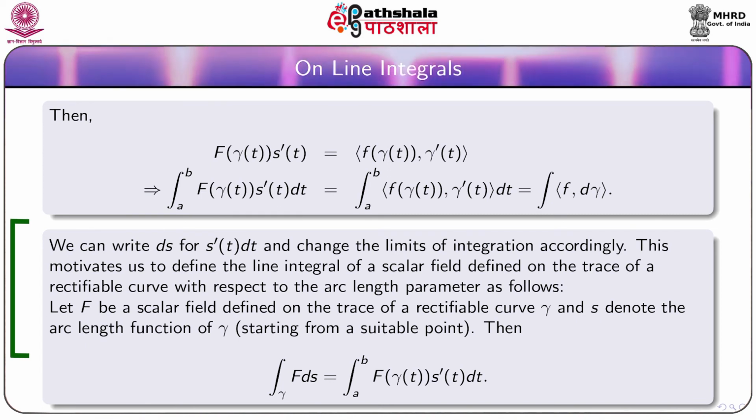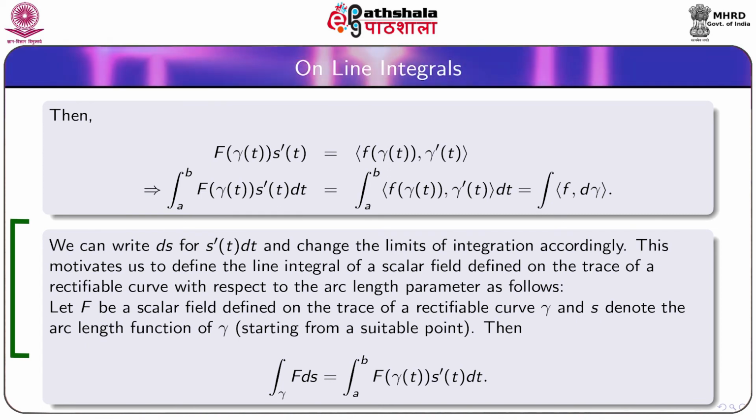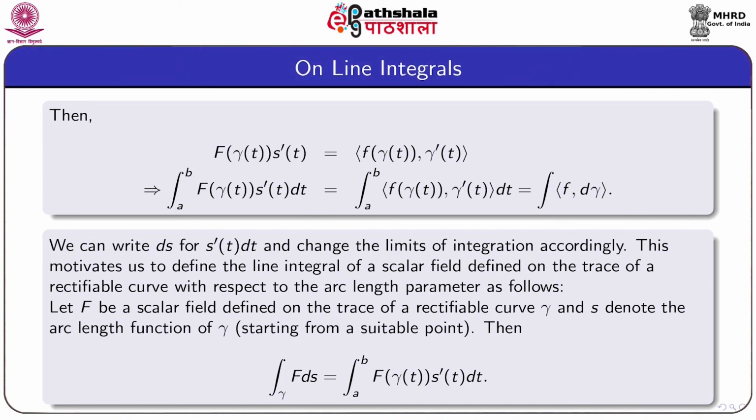This motivates us to define the line integral of a scalar field defined on the trace of a rectifiable curve with respect to the arc length parameter as follows. Let capital F be a scalar field defined on the trace of a rectifiable curve gamma, and let s denote the arc length function of gamma starting from a suitable point. Then we find that integral over gamma F ds equals integral a to b F(gamma(t)) s dash(t) dt.